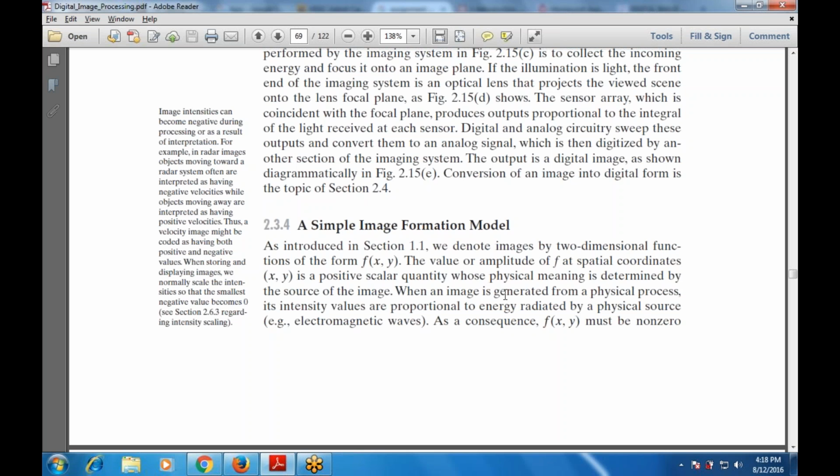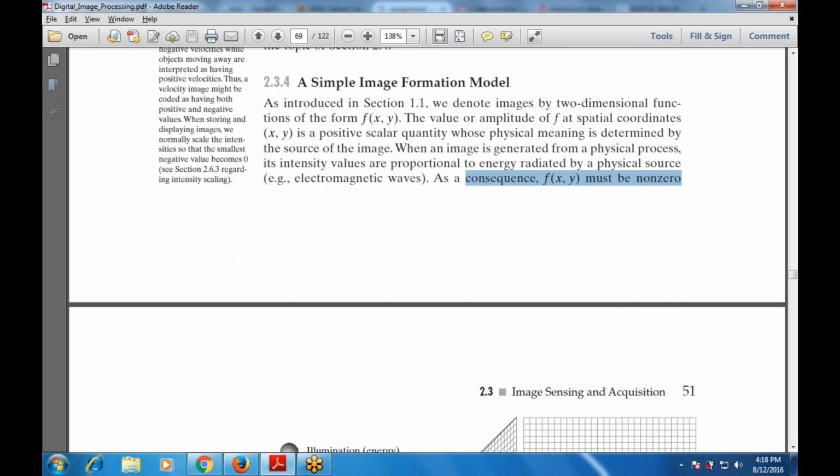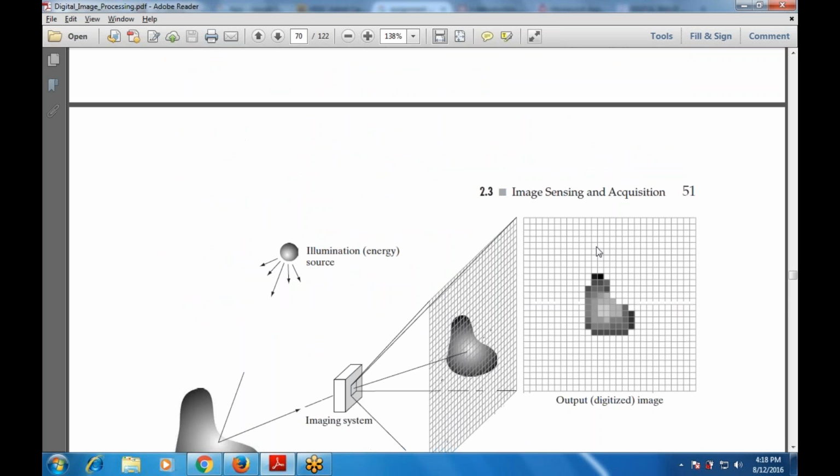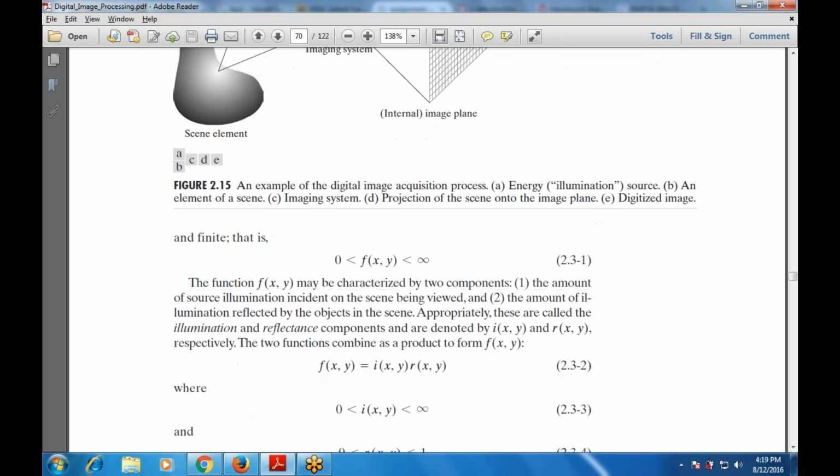When the image is generated from a physical process, its intensity values are proportional to the energy radiated by a physical source.